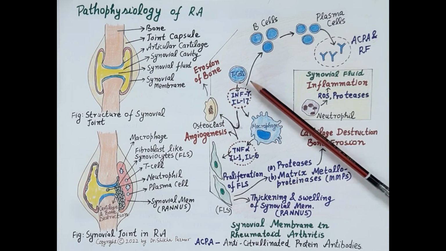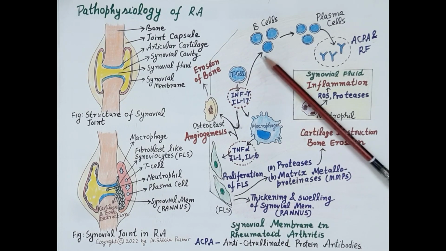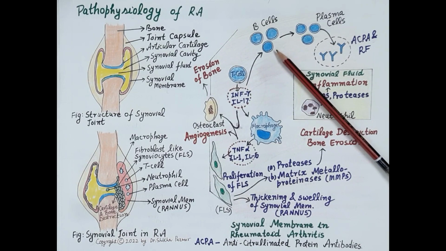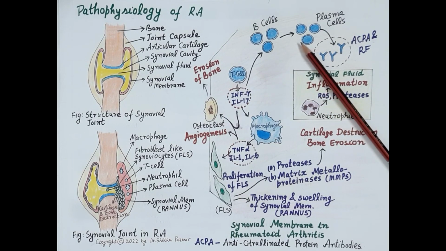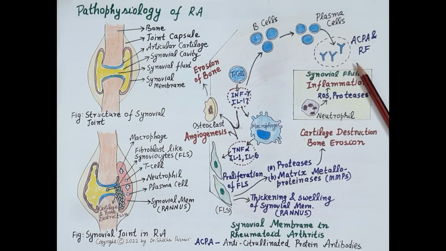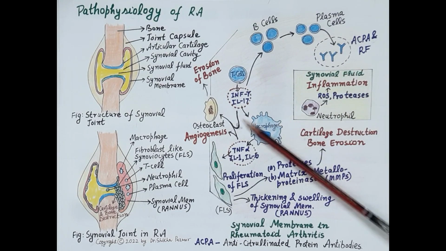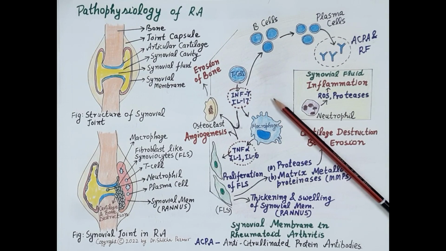Inhibition of the proliferation or activation of T cells also inhibits activation of B cells, further inhibiting generation of plasma cells and generation of antibodies. So overall, these synthetic DMARDs produce anti-inflammatory and immunosuppressant action.